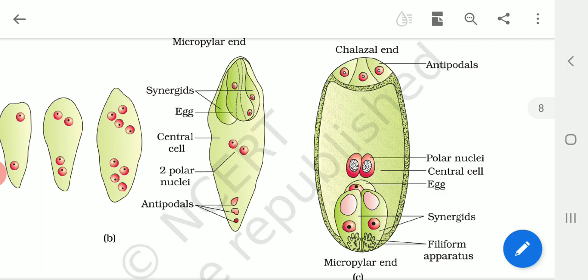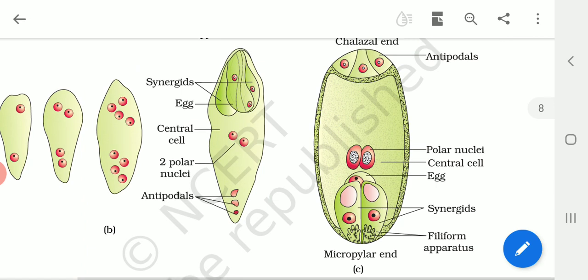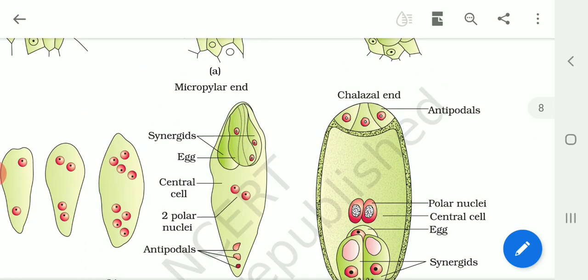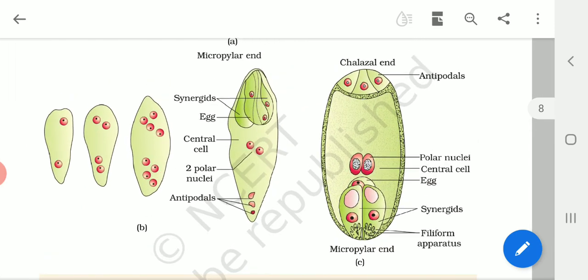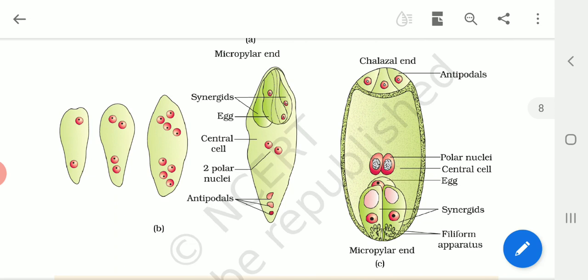What is its role? It guides the pollen tube into the embryo sac. Then there is a central cell having two polar nuclei, otherwise called the secondary nucleus, and three cells at the chalazal end. This represents a mature female gametophyte or embryo sac, which is 7-celled and 8-nucleate.